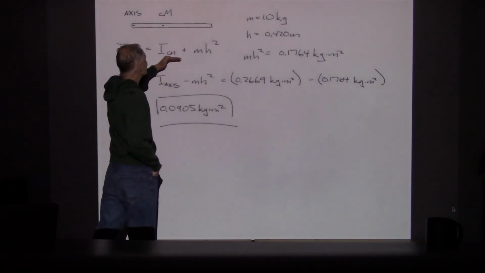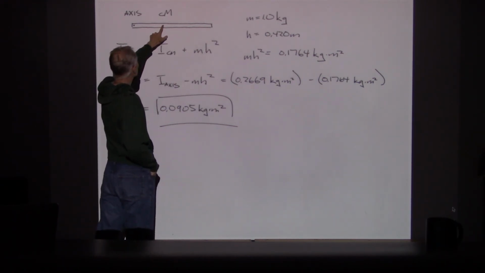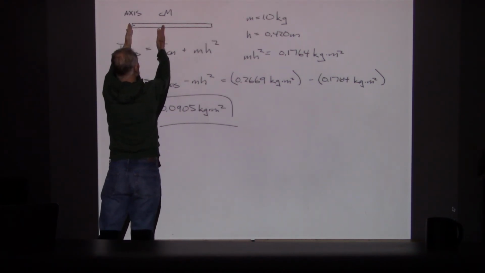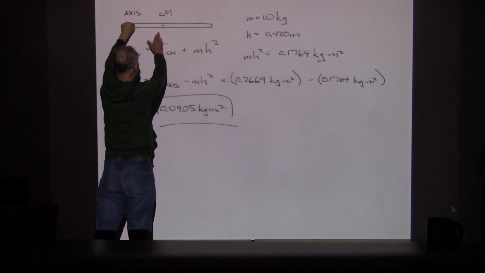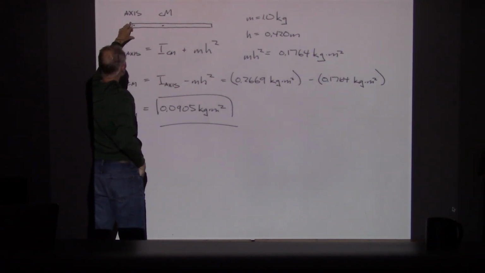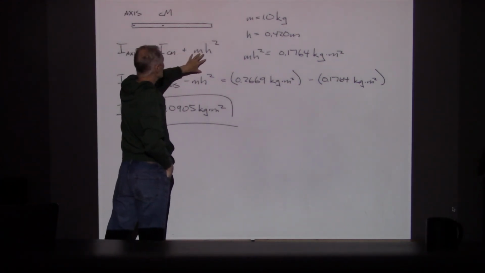Parallel axis theorem says that if I start with the rotational inertia around the center of mass, ICM, and then move away from that by a distance h in a parallel direction so that the axes are parallel to each other, then the rotational inertia at the end point would be given by ICM plus mh squared.